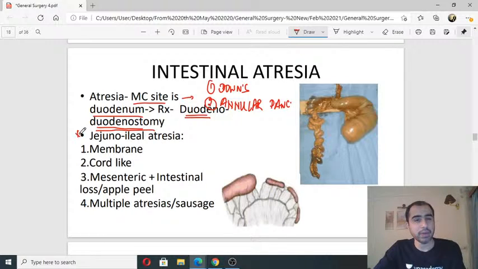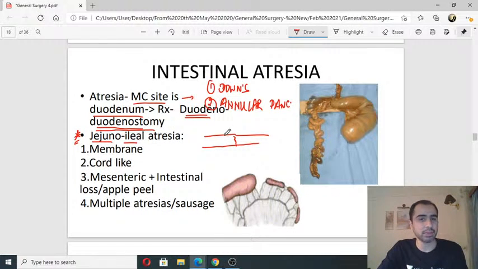These types of intestinal atresia are called jejunoileal. Type 1, 2, 3, 4. Type 1 means there is a membrane. The intestine is in continuity, but there is a membrane somewhere which causes intestinal obstruction. Type 2, there is an actual missing or atretic segment.